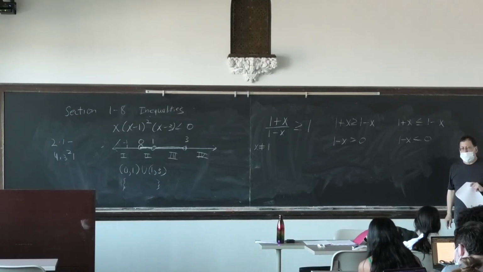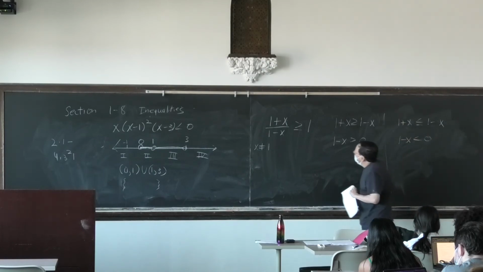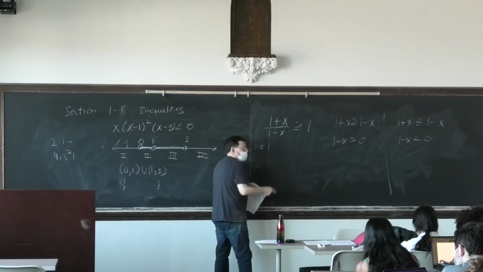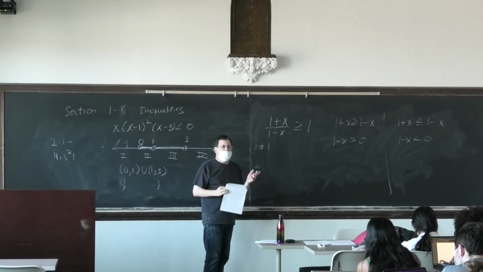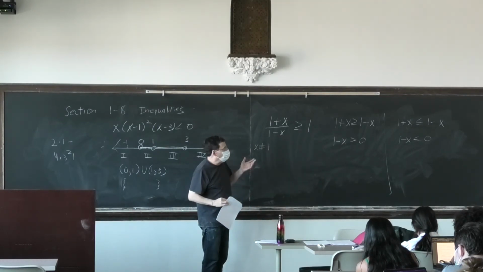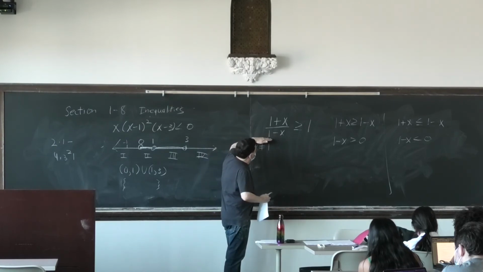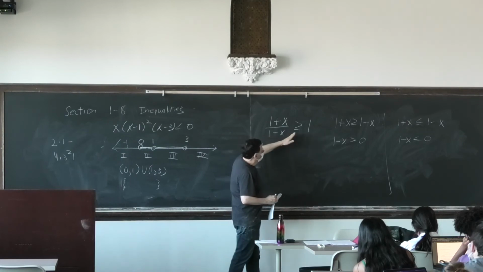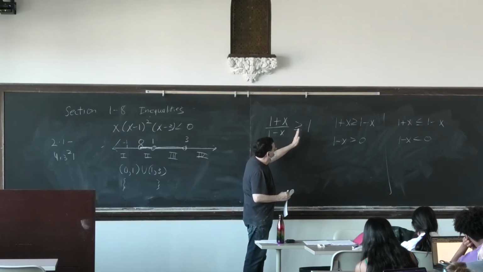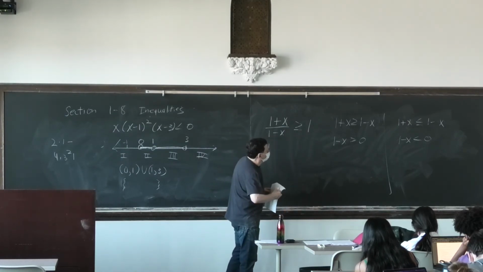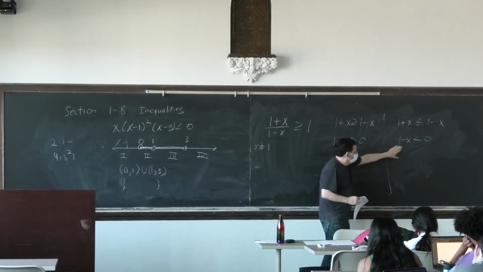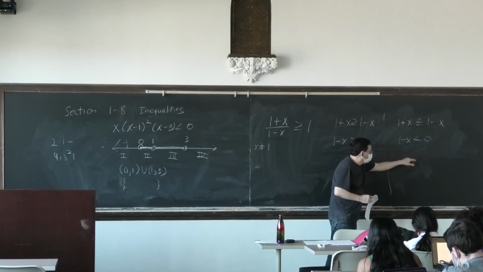I'm going to stop here for a second. I want you to think about this. When we're multiplying through by a variable in an inequality, we have to be concerned: is that variable expression positive or negative? Because that's going to determine whether the inequality sign is going to flip or not. So this is one way to keep track of it.